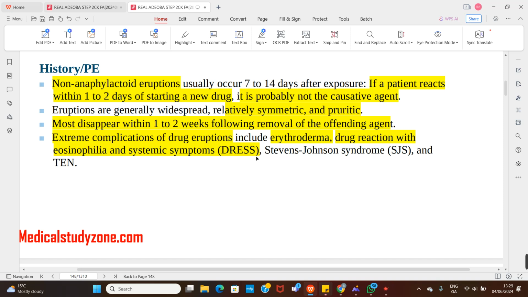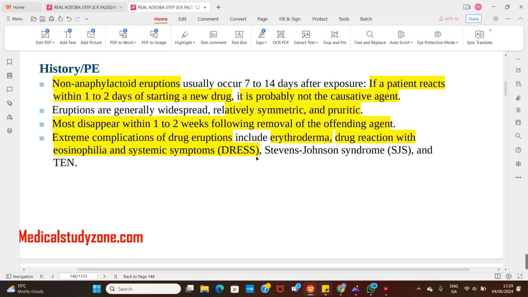So this is about DRESS. Think about the onset after you have given a medication. After some weeks, you do your lab values, you are seeing eosinophilia, you are seeing thrombocytopenia, right? And evidence of end organ damage. That is DRESS syndrome.